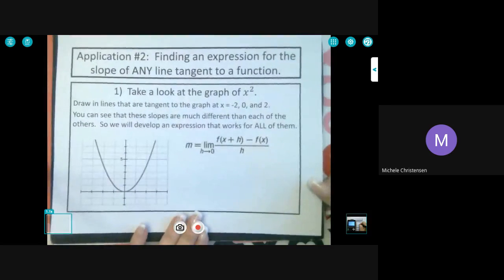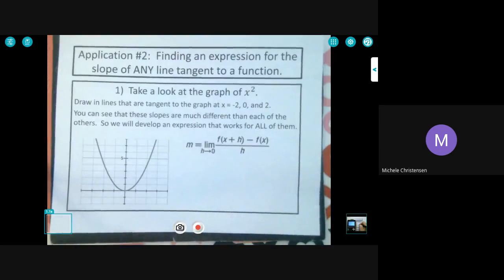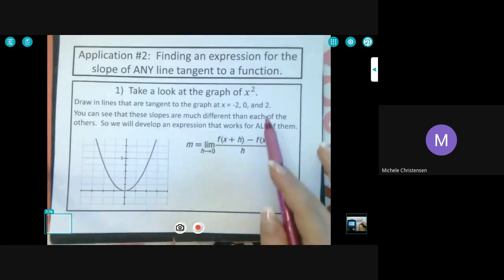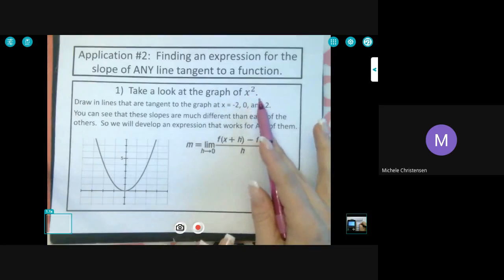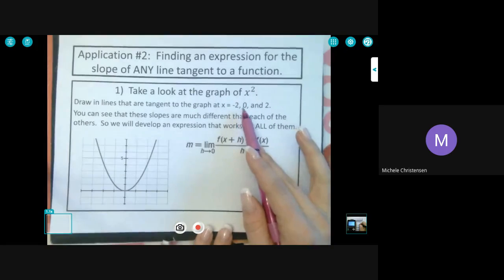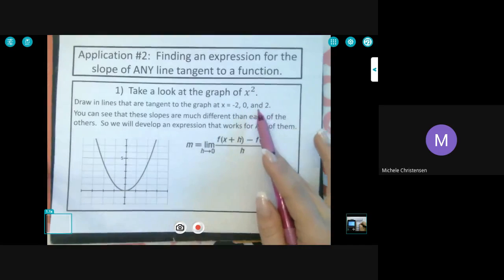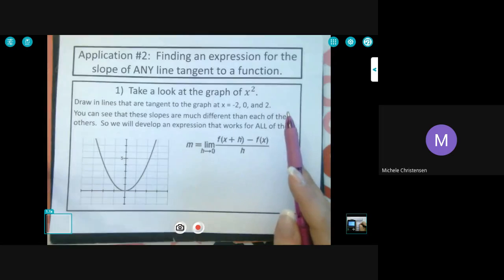Now, depending on the function and depending on the x value that you choose for your specific point of finding the value of the slope for that tangent line, the slopes could be very, very different from each other. Okay, so we're looking at this function here of x squared, and we're talking about these 3 different specific points of -2, 0, and +2.